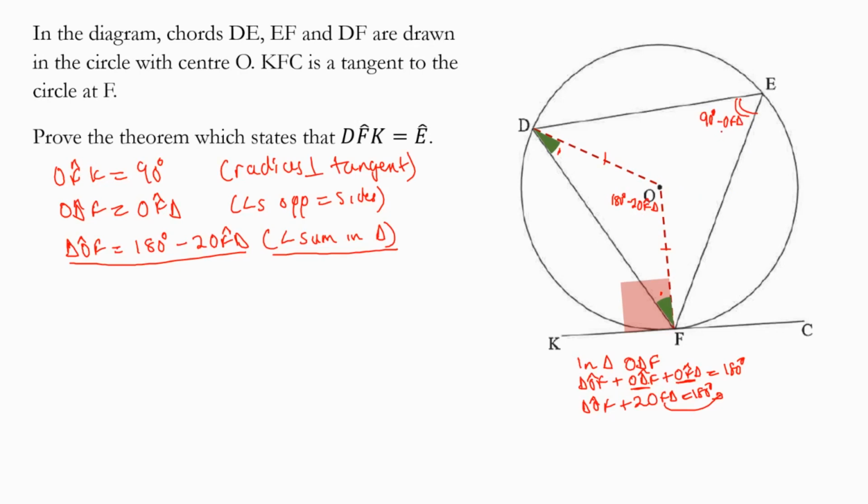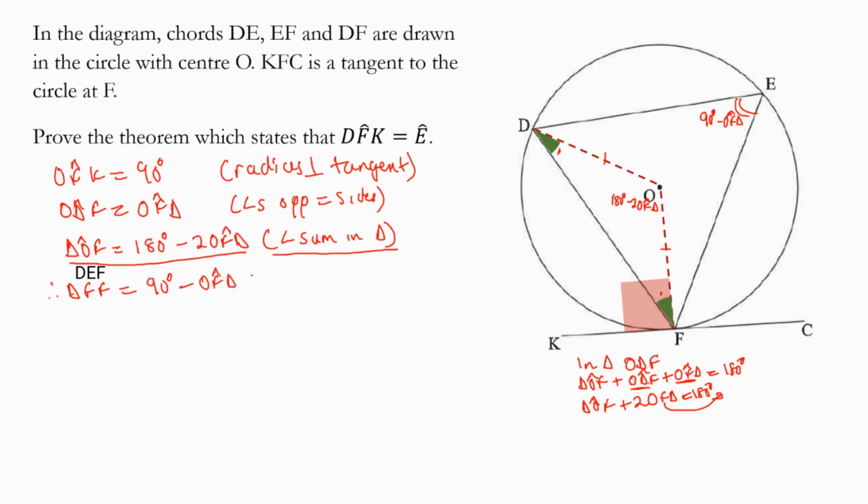It's going to be 90 degrees minus angle OFD, because angle at the center is 2 times angle at the circumference. So therefore angle DEF is equal to 90 degrees minus OFD.